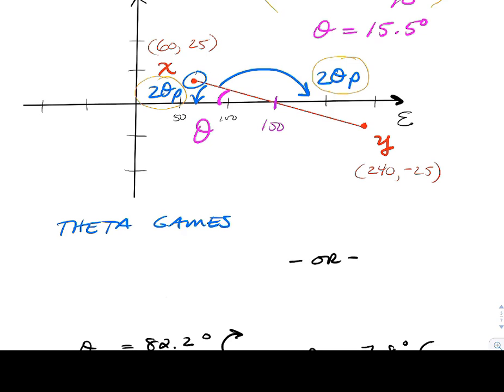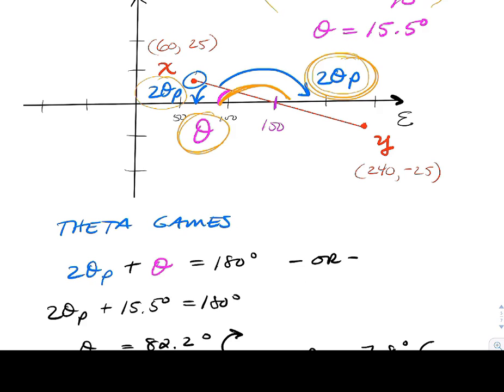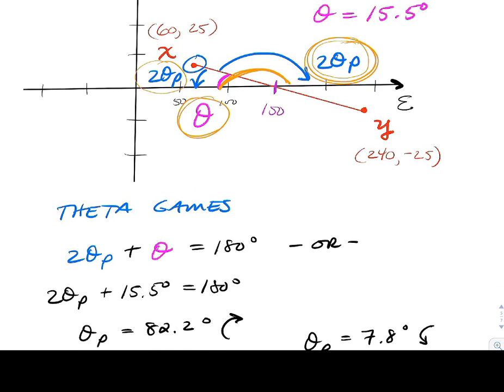So we're going to do it two directions. 2 theta P plus theta, the pink theta, is going to equal 180 degrees. And that's sitting right on the picture right there. So we can go ahead and solve that, plugging in our numbers, and that gives us the answer in the clockwise direction.